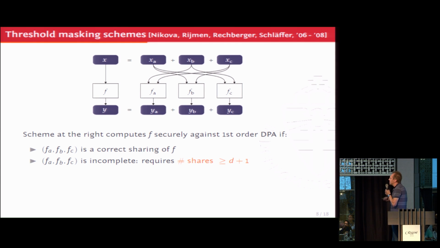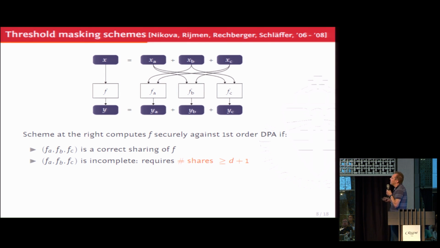Actually, the number of shares is determined by the algebraic degree of this function. If the algebraic degree of this function we call D, I think it's a conflict with the previous talk, that's a different meaning of D, I should have chosen another letter, but it's the D of degree. Anyway, if the degree of this function is 2, we can take 3 shares, but if the degree is, for instance, 5, we have to take 6 shares.